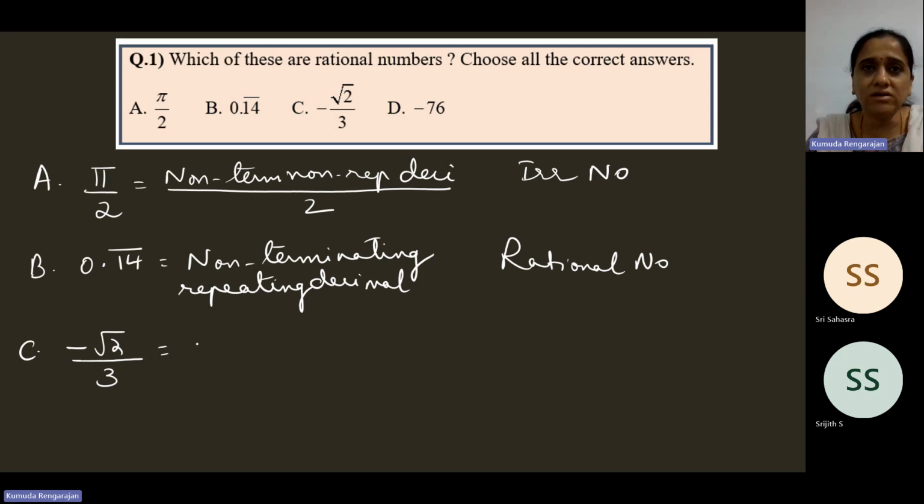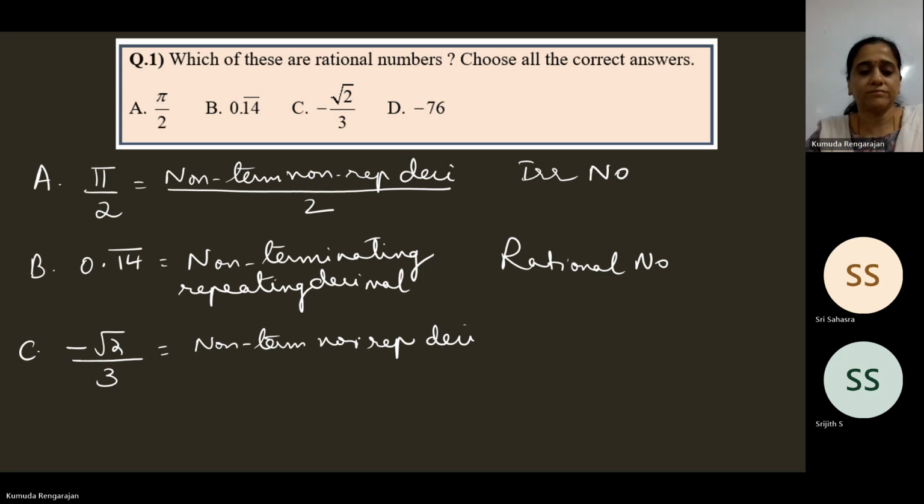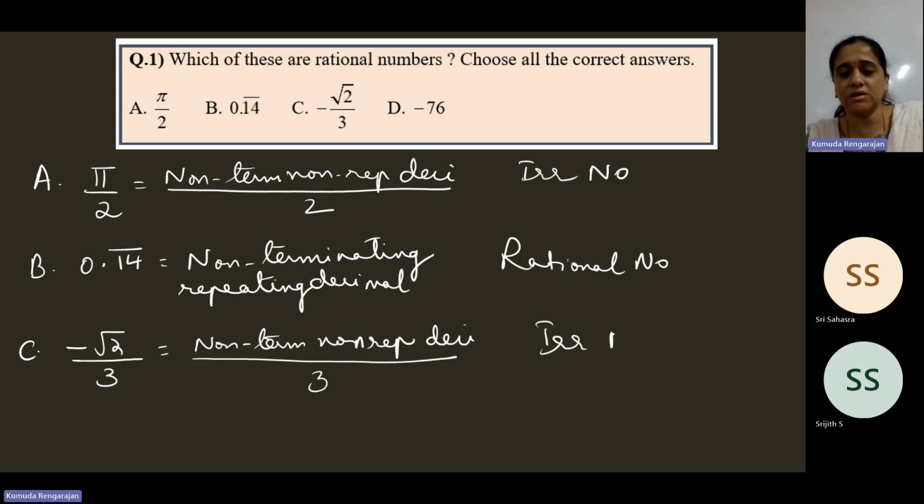The numerator is a non-terminating, non-repeating decimal, with irrational number.